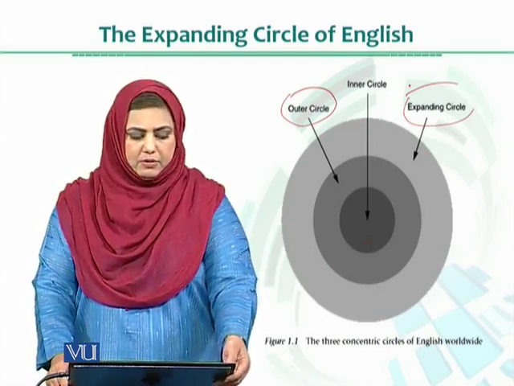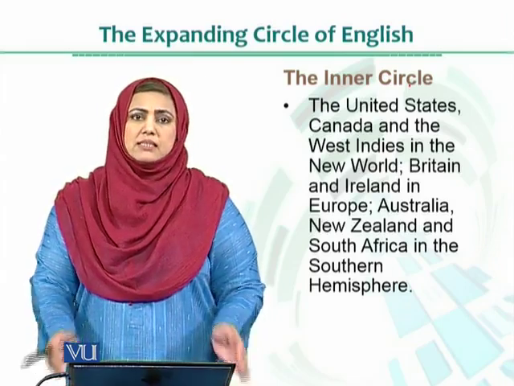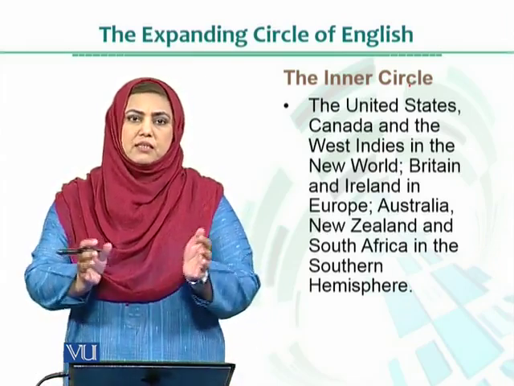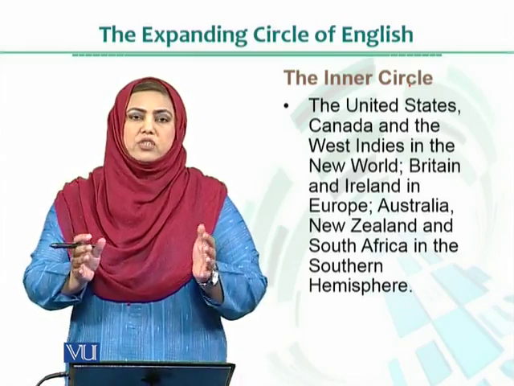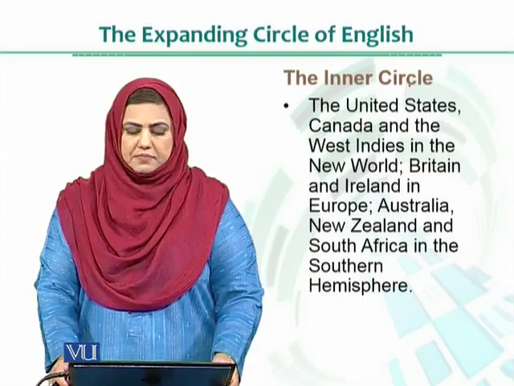I hope you are clear about this idea. I would further talk about the details, which are the countries that come in the first circle, that is the inner circle, and which countries fall under the second and the third circles.